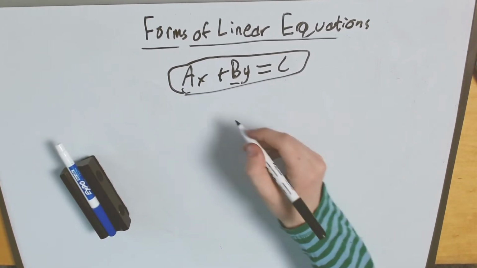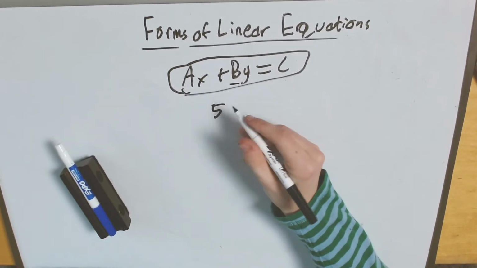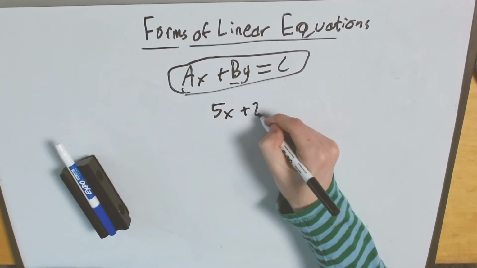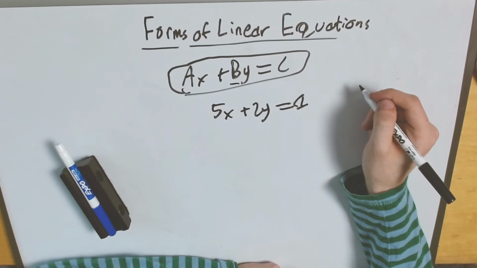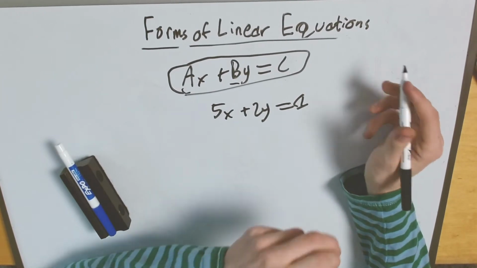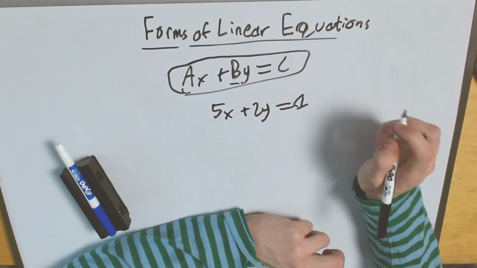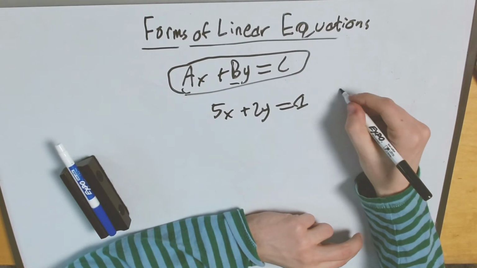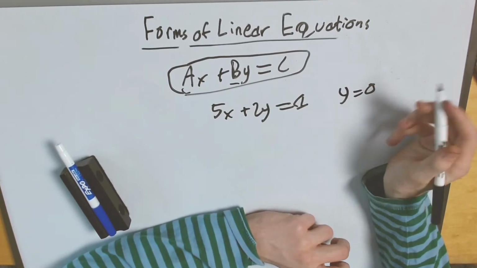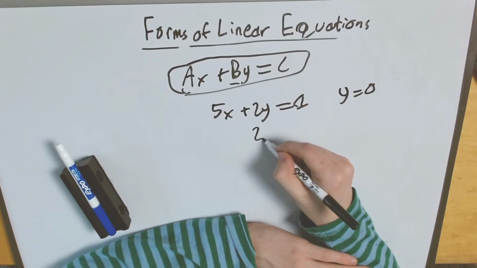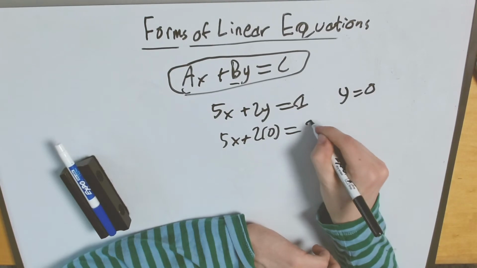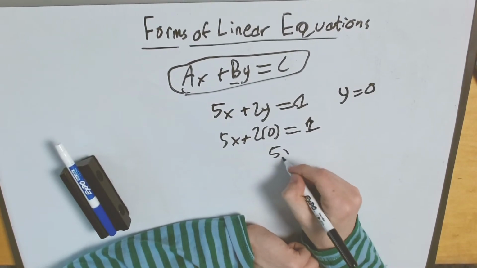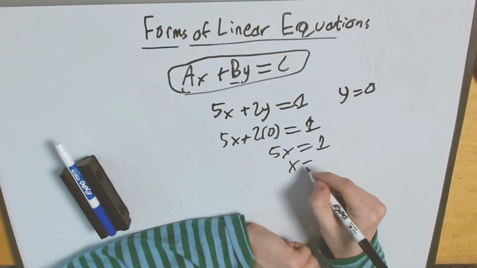Say I want to find the x-intercept of 5x plus 2y equals 1. The x-intercept is the point at which the graph touches the x-axis, or where y is 0. So I can instantly find that by plugging in 0 for y, and then I have 5x plus 2 times 0 equals 1, or 5x equals 1, so x equals 1/5.